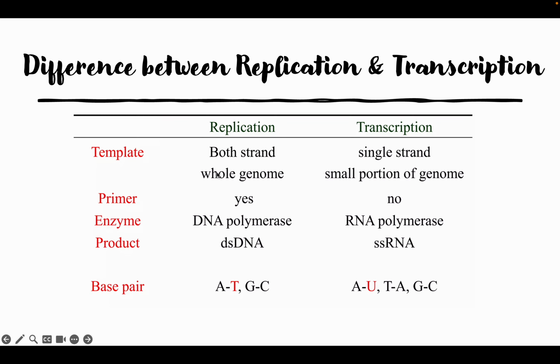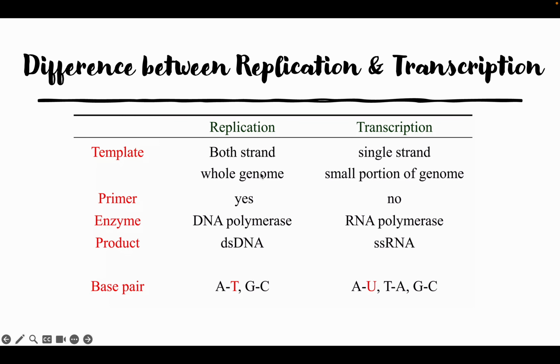You can replicate the whole genome, but in transcription only a small portion of the genome is transcribed. You can transcribe multiple portions, but in one go only a small portion will be recognized, and then it will be terminated.